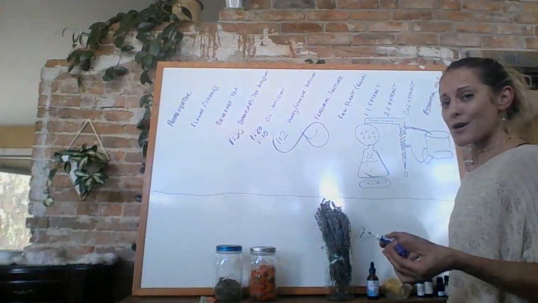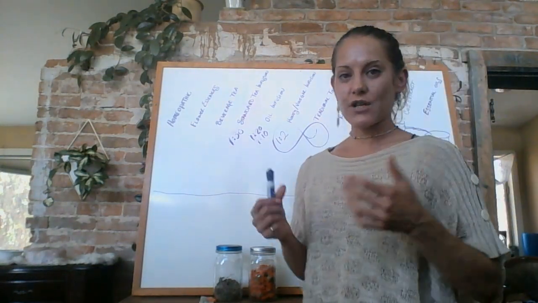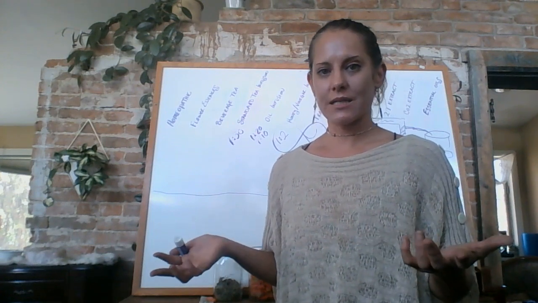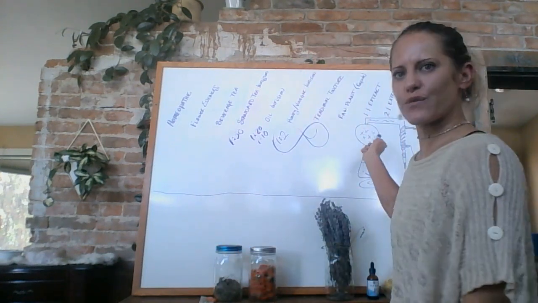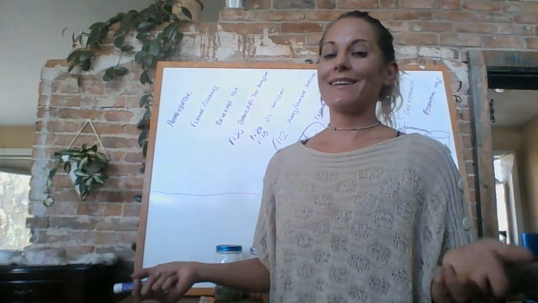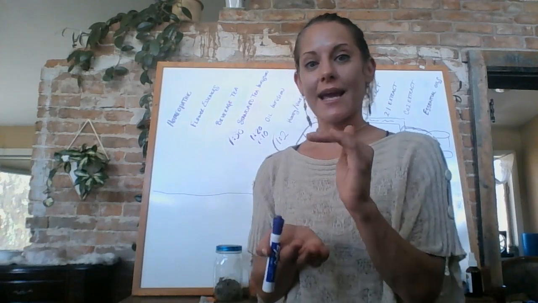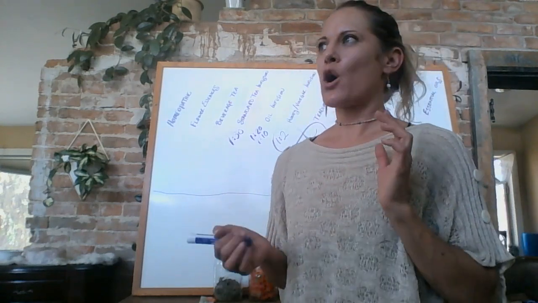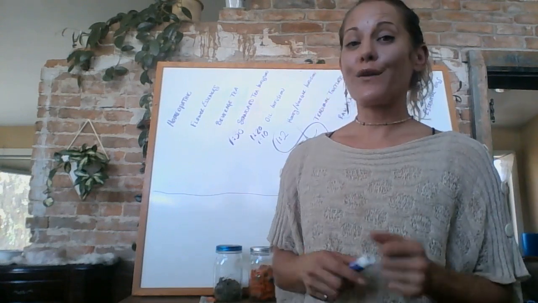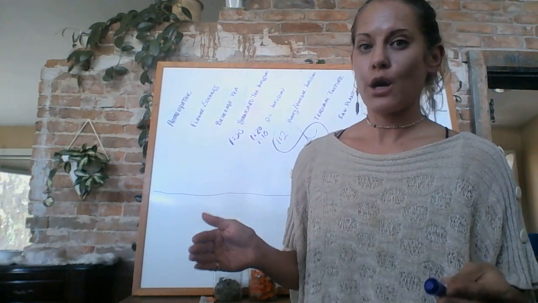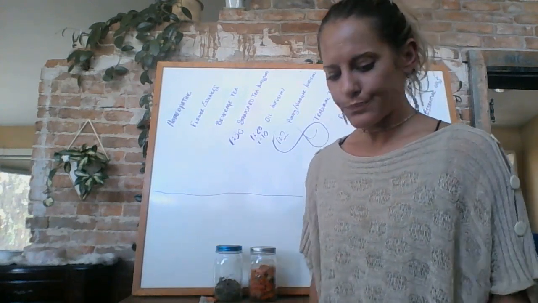In comparison, when I've taught my classes on distillation, we can use in my distiller 2 liters of plant material and run it for 8 hours and get about 6 to 8 ounces of hydrosol and 5 milliliters, yes, that's 1/6 of an ounce, of essential oil. So it takes a lot of plant matter to create an essential oil.